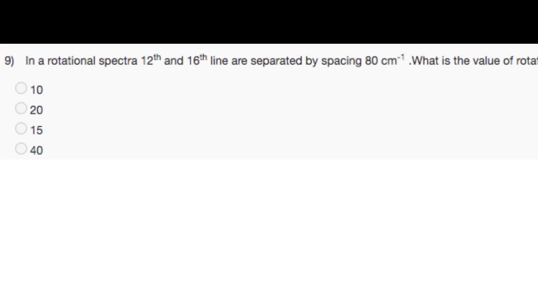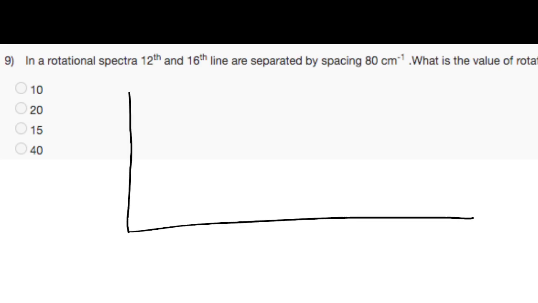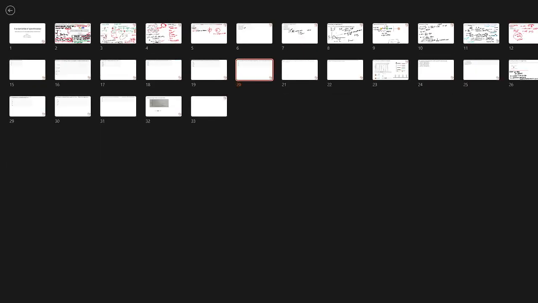Okay, I'll do the calculation, then you can match with yours. So between the 12th and 6th lines, this is 1, this is 2, this is 3. Instead of drawing a lot, we can simply use mathematics to calculate this.